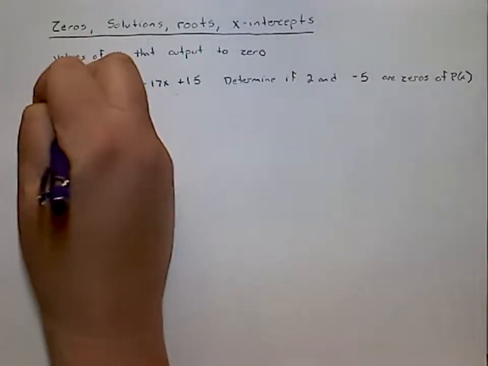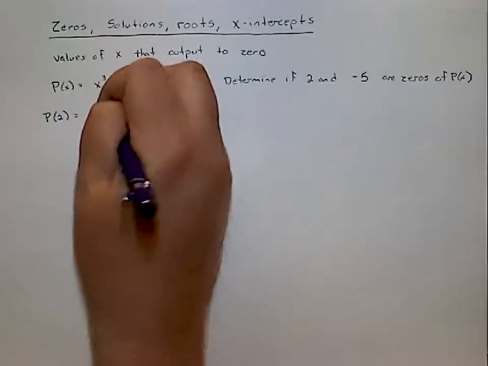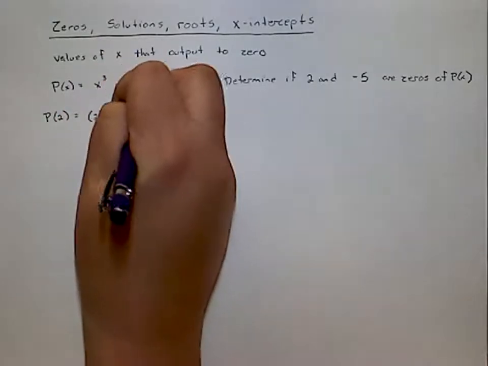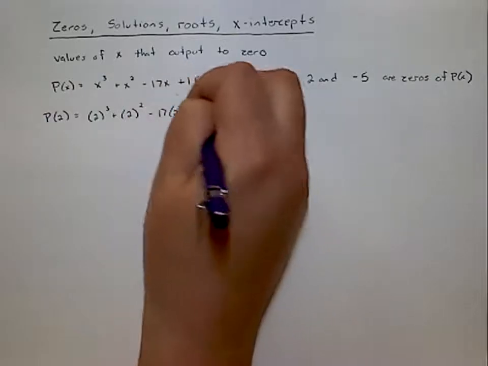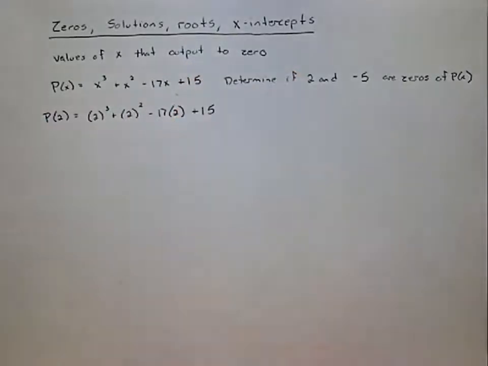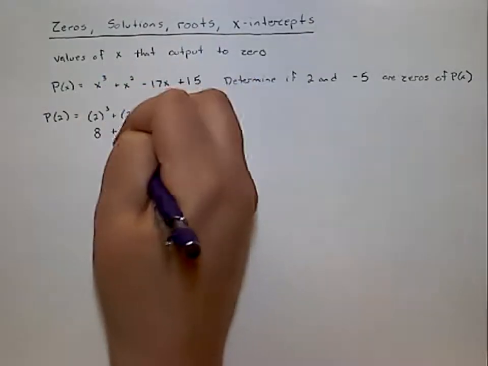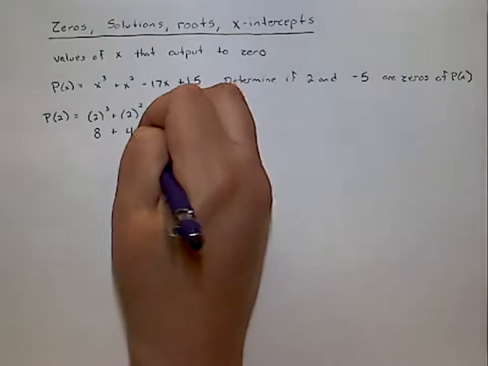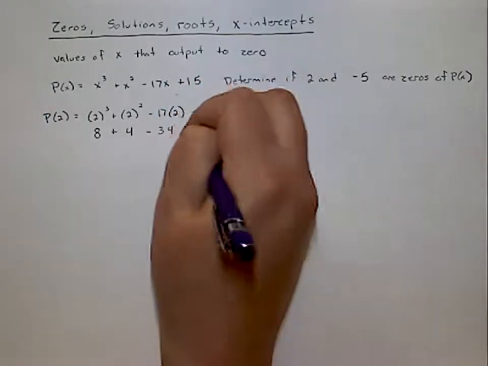If I take p of 2 and plug it in, I have 2 cubed plus 2 squared minus 17 times 2 plus 15. And I evaluate this. 2 cubed is 8, plus 2 squared, which is 4, minus 17 times 2, which is 34, plus 15.